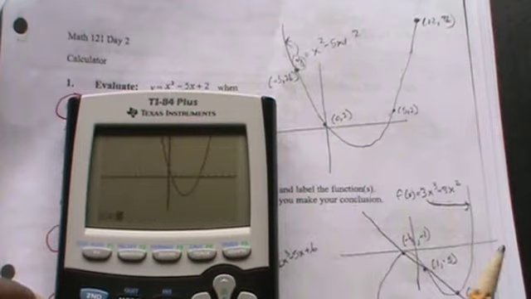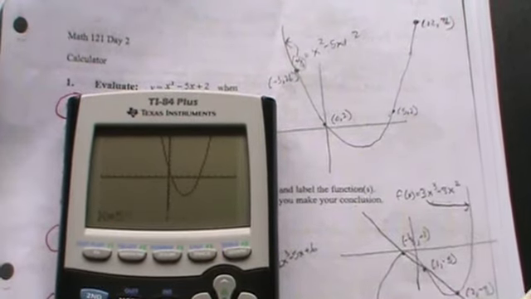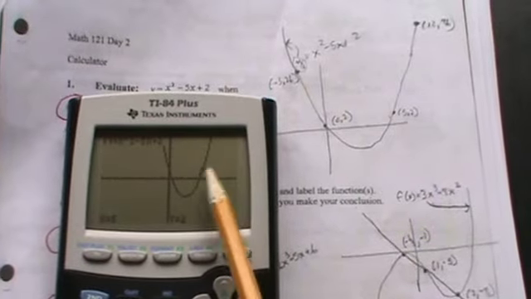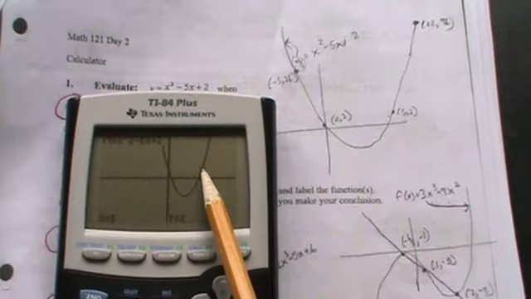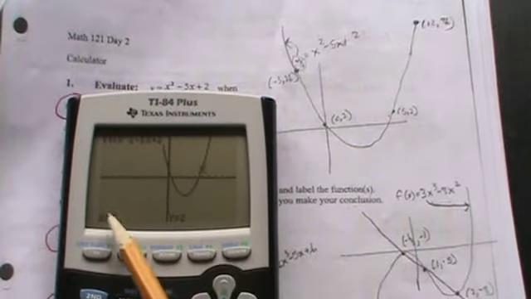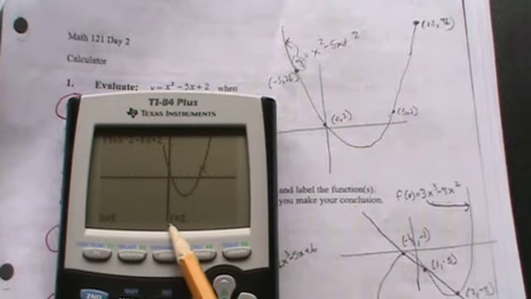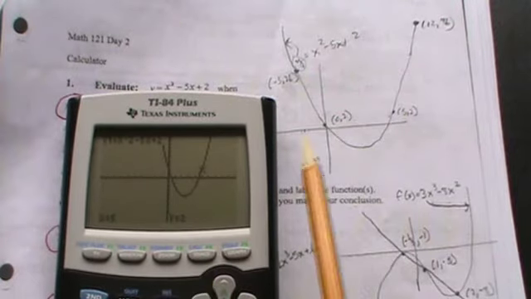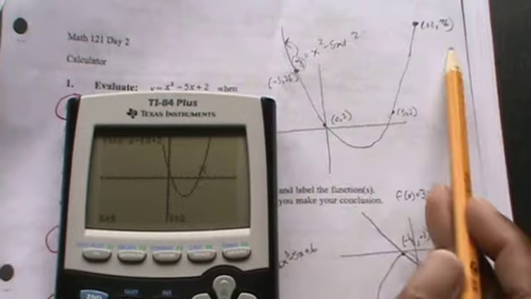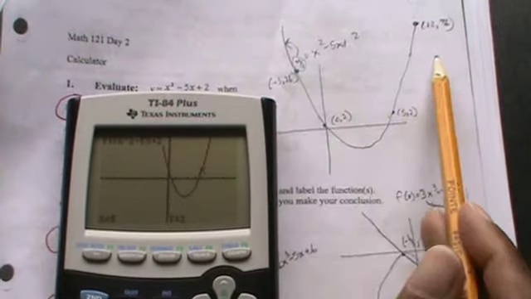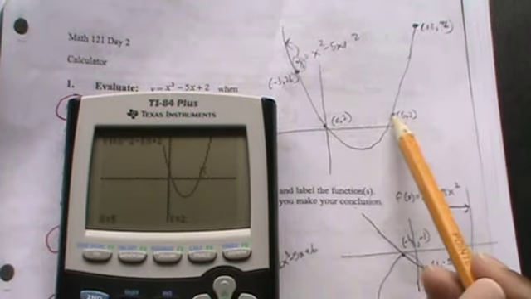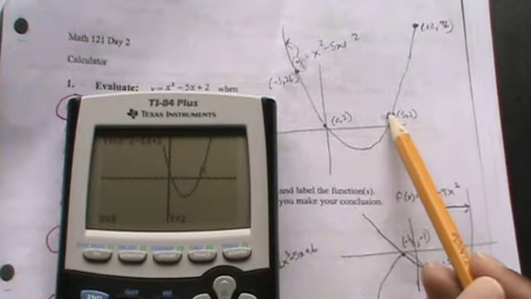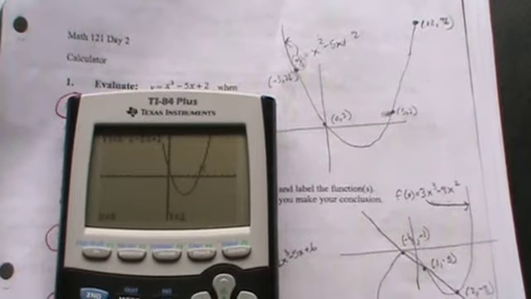So if we go to 1, notice it says what's the x value, and you're just going to plug in 5. The beautiful thing about this is it shows you exactly where x equals 5 is, and they're telling you at x equals 5 your corresponding y is equal to 2. So I've sketched out the function y equals x squared minus 5x plus 2, and here is where your solution is, right? Where x equals 5, your corresponding y is 2.